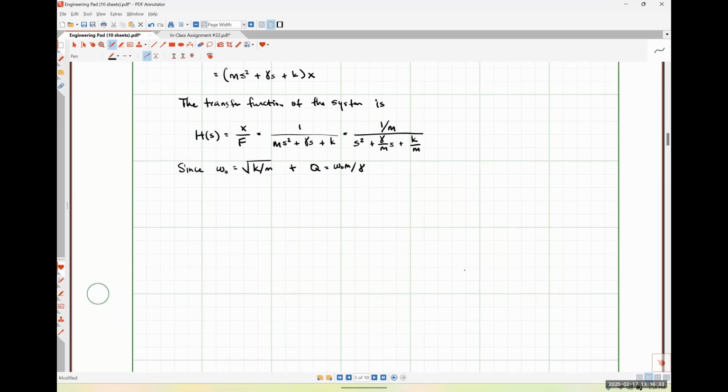We wind up getting a transfer function that looks like 1 over our mass multiplied by 1 over s squared plus omega naught over Q s plus omega naught squared.